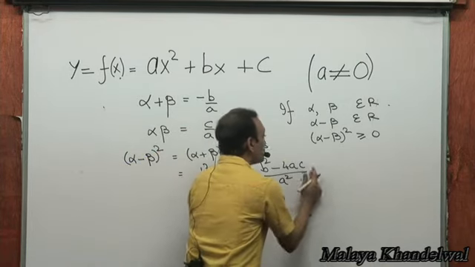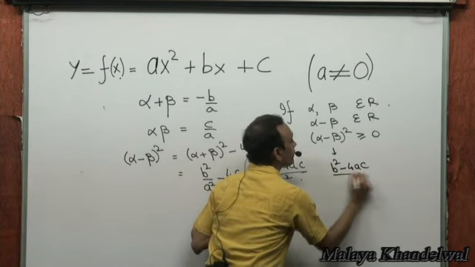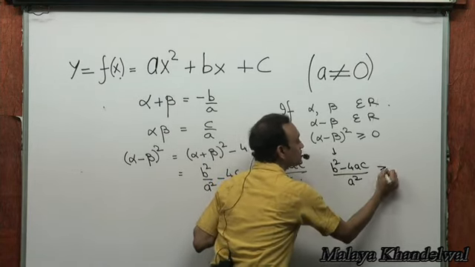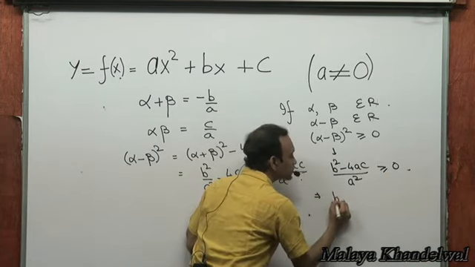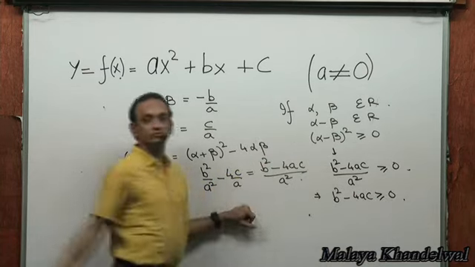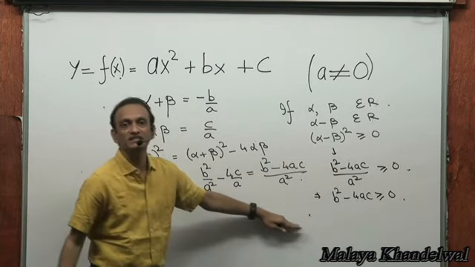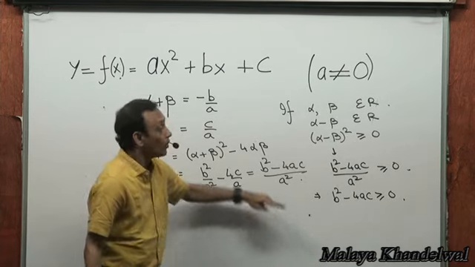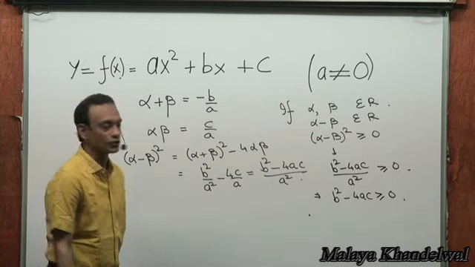That means b squared minus 4ac by a squared would always be greater than or equal to 0, which would mean b squared minus 4ac is greater than or equal to 0. Yes or no? That means if the roots are real, then b squared minus 4ac is greater than or equal to 0.